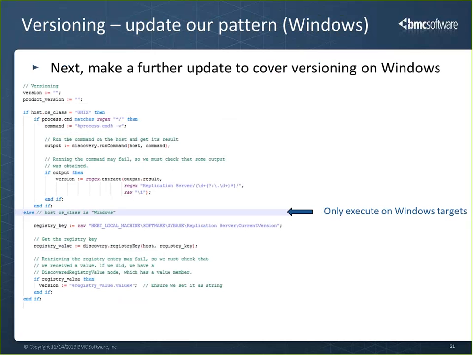Now, since the code to perform the registry versioning is to be executed against Windows targets only, it is also put inside its own block of code inside the else statement. We then set the registry key, and note here the use of the raw string qualifier to prevent the backslashes being treated as special characters.